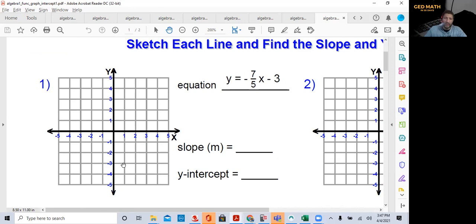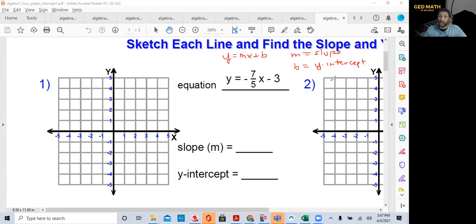So first of all, you should notice that this equation is in slope-intercept form. And slope-intercept form is y equals mx plus b, where m is your slope and b is your y-intercept. It's very important for you to know. So slope is the steepness of a line. Y-intercept is where the line crosses the y-axis.